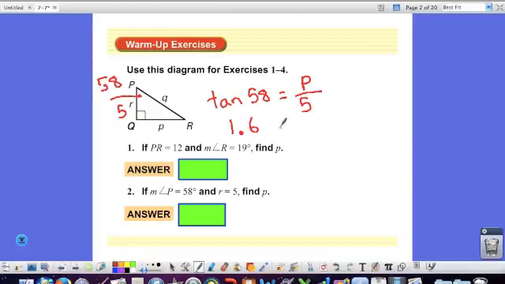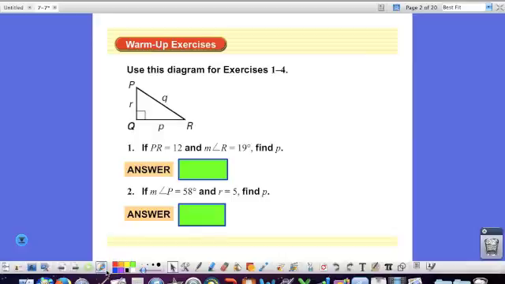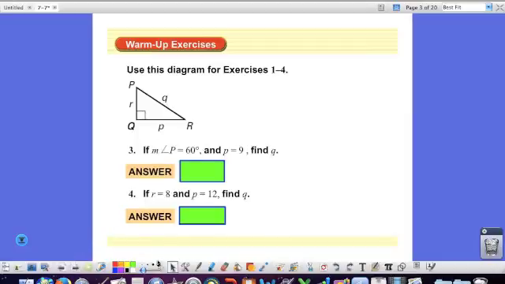So I'm just going to use 1.6 equals P divided by 5. I'm going to multiply by 5, and I get 8. Okay, so that's a review, and as you see, we're deciding whether we're using sine, cosine, or tangent based upon the dimensions that we have.